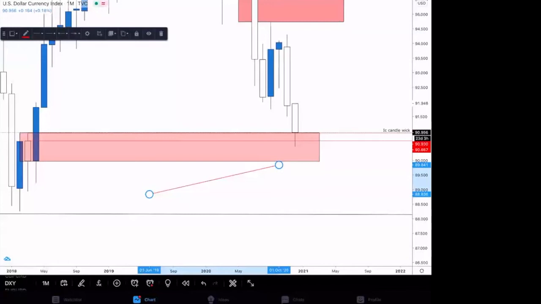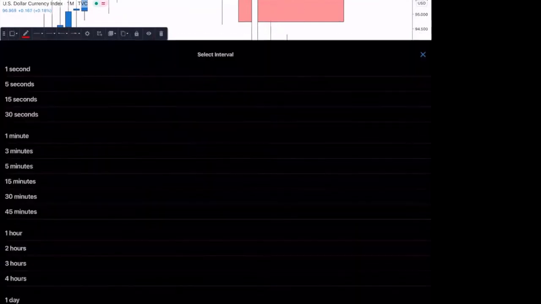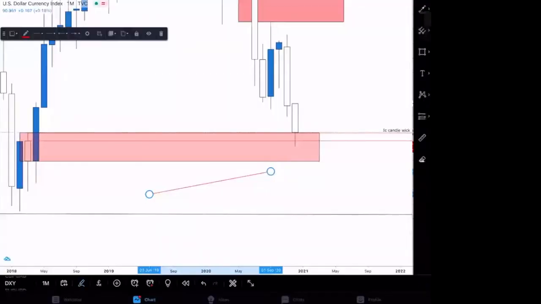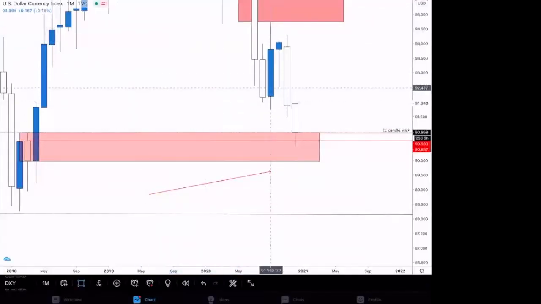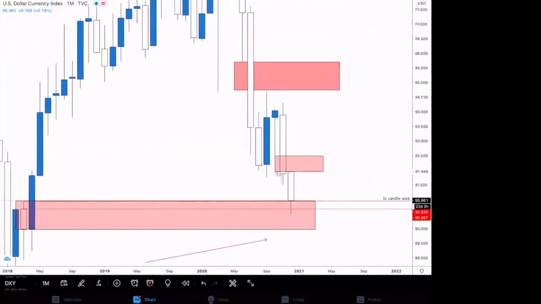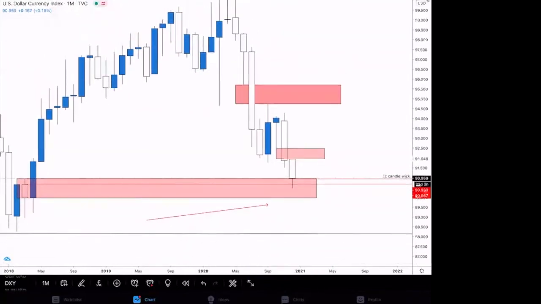So if we understand that this is a high reaction level, we can expect price to either give us a nice reaction up, or, on this monthly time frame, which is kind of big, come into this imbalance here, or come up to that imbalance right here, which is kind of far.